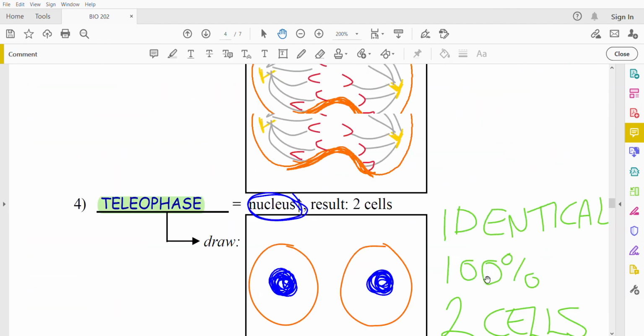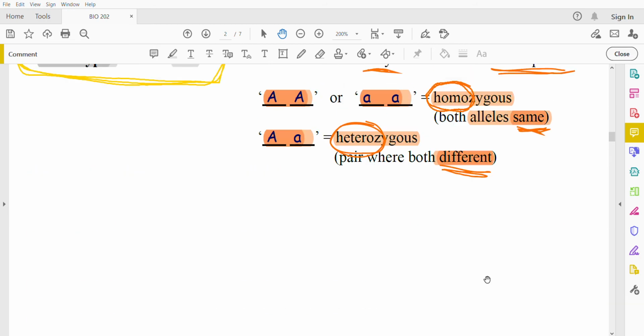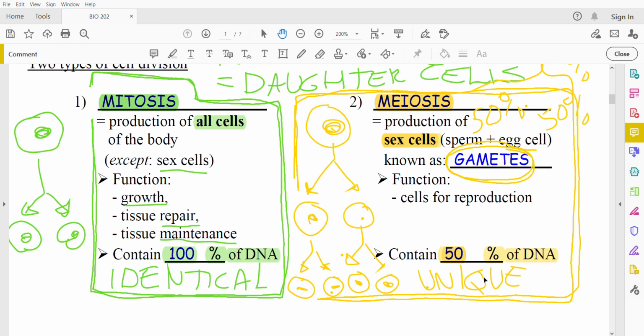And let's go to the very start just to remind what we noticed earlier on. So meiosis was the production of the sex cells, so sperm and egg cells. These are known as our gametes. And during this process, we actually go through 2 cycles of cell division, and these 2 cycles of cell division, without duplication of the DNA in between them, ends up that we end up with 4 cells, each of which contains only 50% of the DNA.